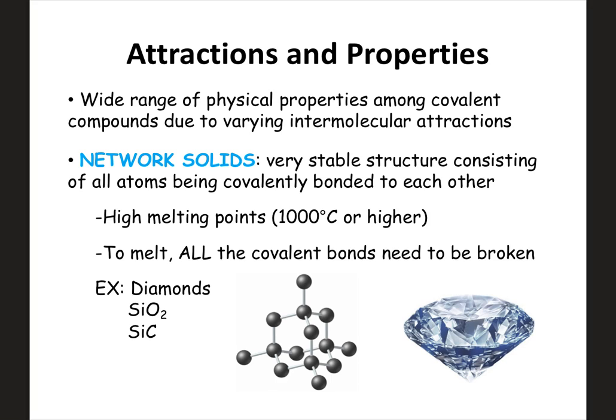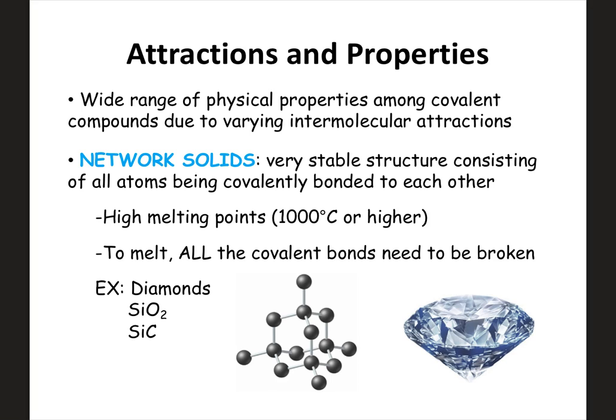So that makes these very stable structures. They have very high melting points, well over 1,000 degrees Celsius or higher. And basically, in order to melt one of these network solids, you have to break every single covalent bond. You're not just breaking attractions. You have to break all the bonds to get these to melt. So it takes a lot of energy.